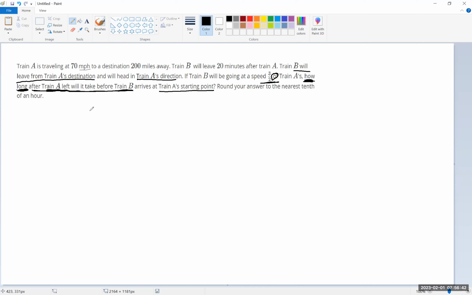Okay, so train A is traveling at 70 miles per hour to a destination 200 miles away. So this is where train A begins, and it's going in this direction. This is 200 miles away, and it's traveling at 70. I like to do miles per hour this way.